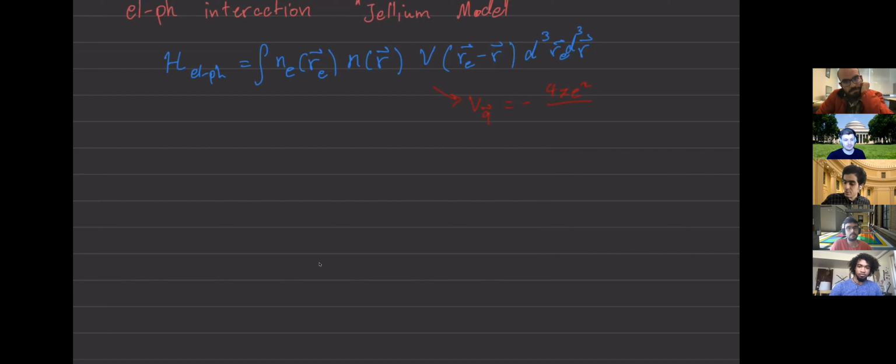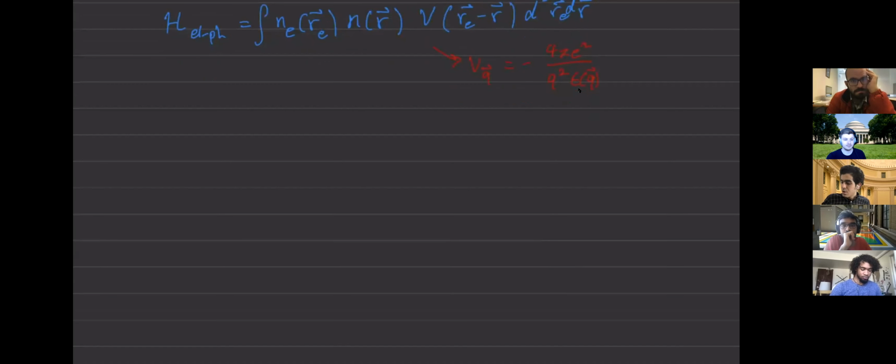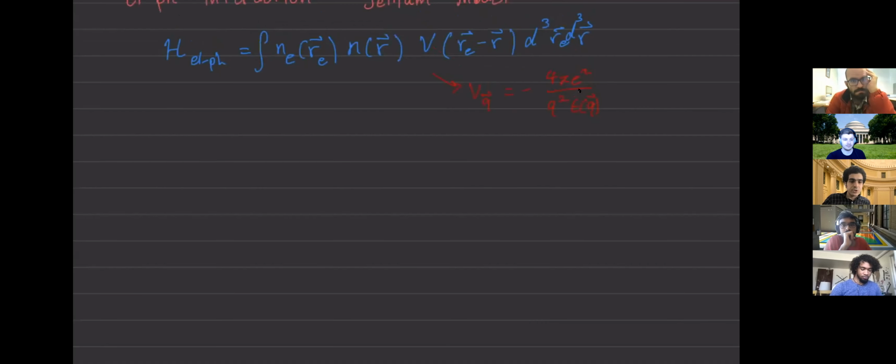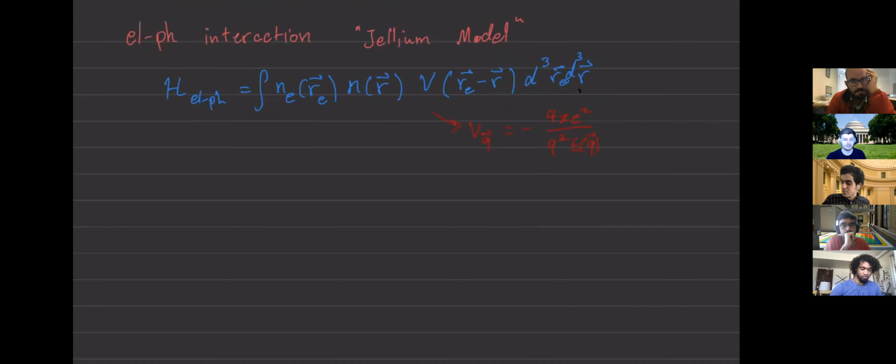But I'm going to write everything in 3D, and that means the integrations that I have are in 3D, and also the interaction that I'm writing is in 3D. And I can also have screening that is coming from this function. Now, so this is very general.